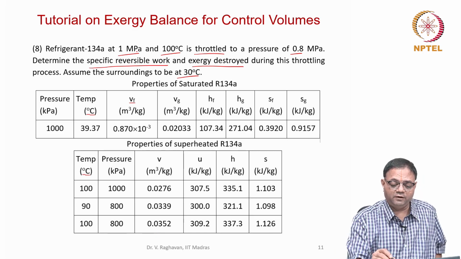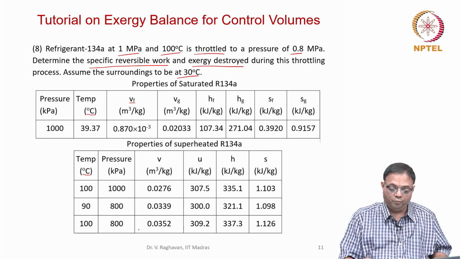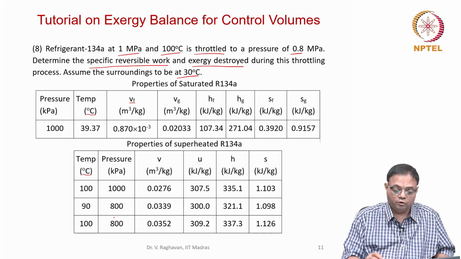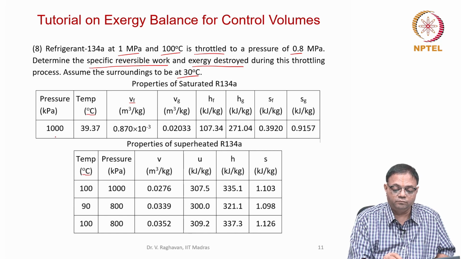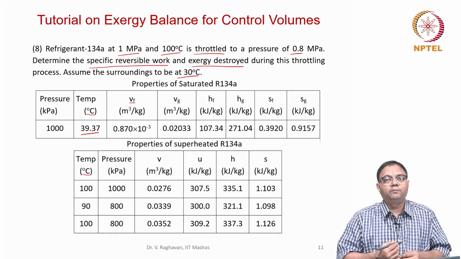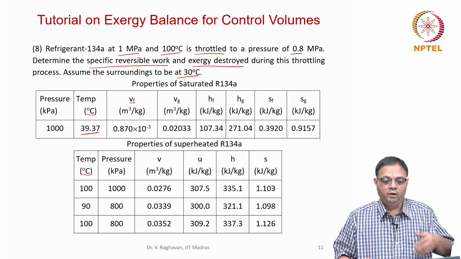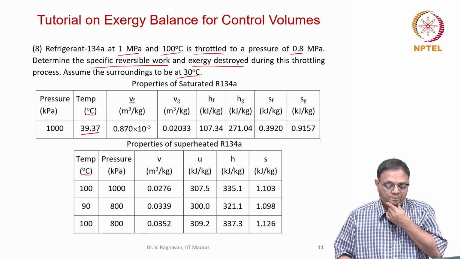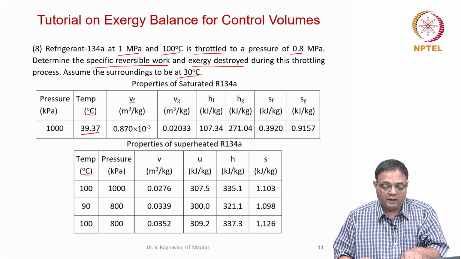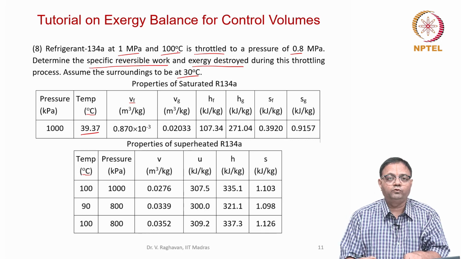So, the first state is 1 megapascal, 100 degrees. If you go to the 1 megapascal table, I see that the saturation temperature is 39.37 degrees centigrade. The given temperature is 100 degrees, so the state should be superheated vapor.